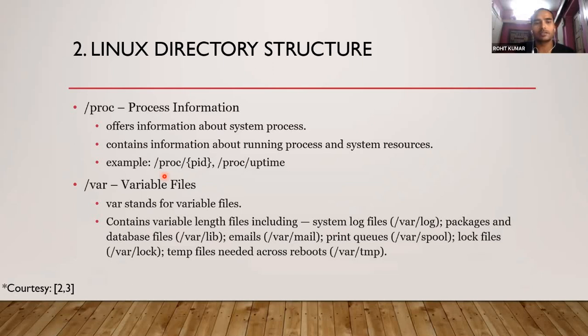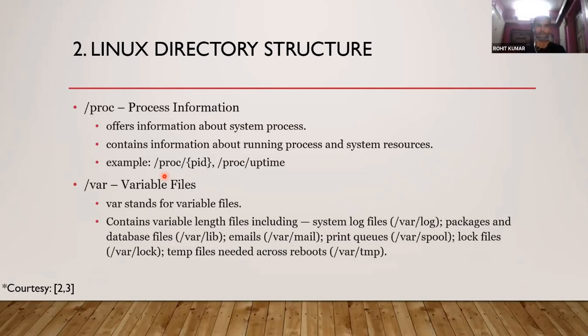As you can see here inside proc, you have the different process IDs, and inside it you may also see the uptime of your system, meaning how your system resources are getting utilized. Then there are some variable files.